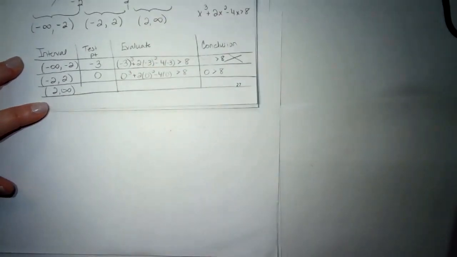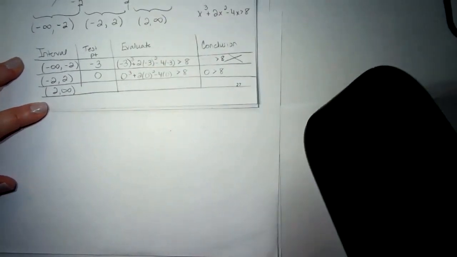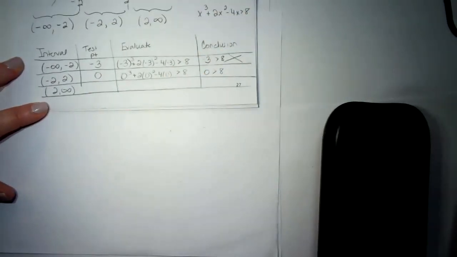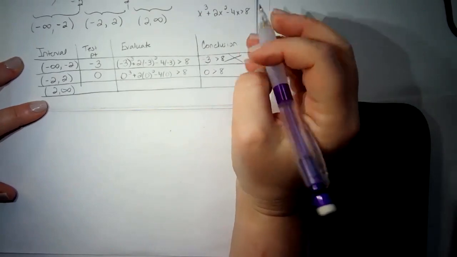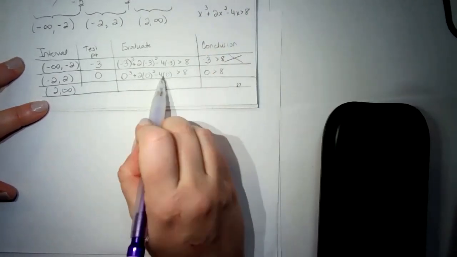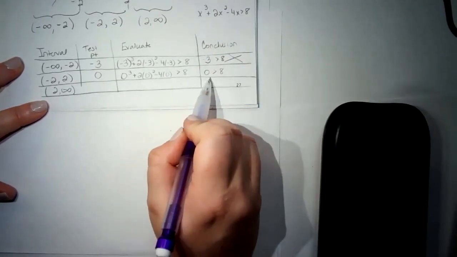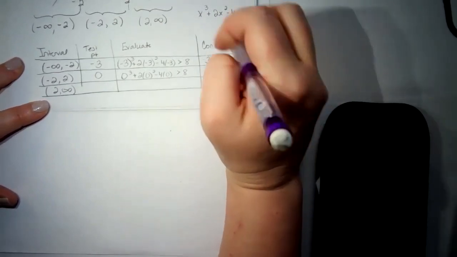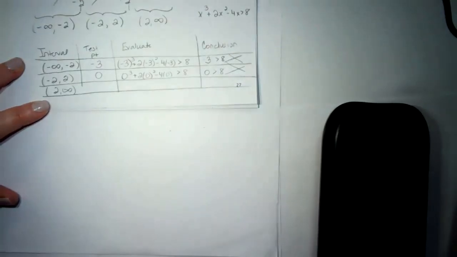But it's not greater than 8. I just looked at, what is it? I'm sorry, 3, thank you. Okay, 3 is not greater than 8, so it's still no. Okay, we come down here. This whole left side goes to 0. Is 0 greater than 8? Nope. It's not going to be this interval either.